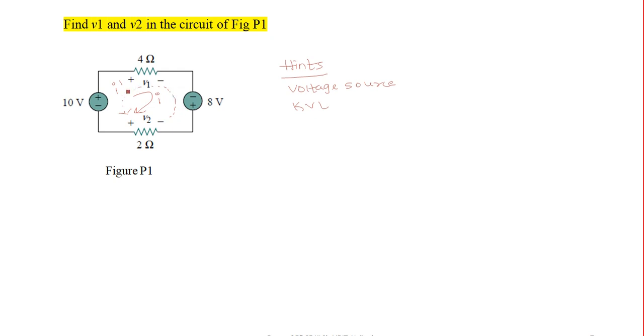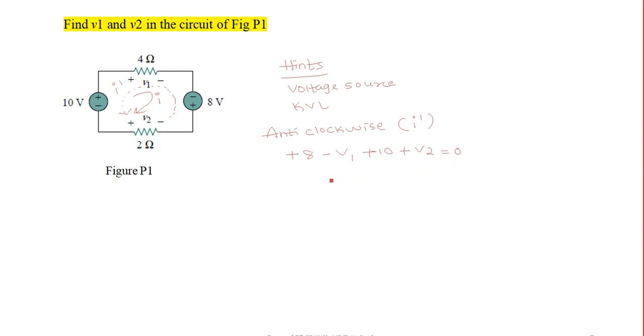Let me write the equation for anti-clockwise. I have taken the current as I prime. I will start from the source here: plus 8, then minus V1 plus 10, then plus V2 equal to 0.